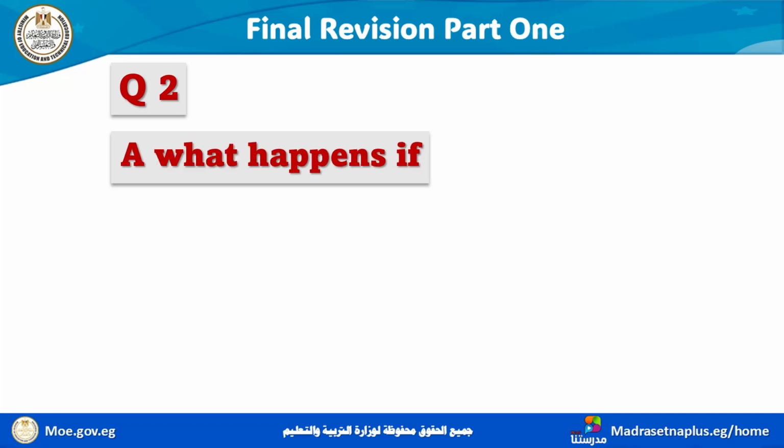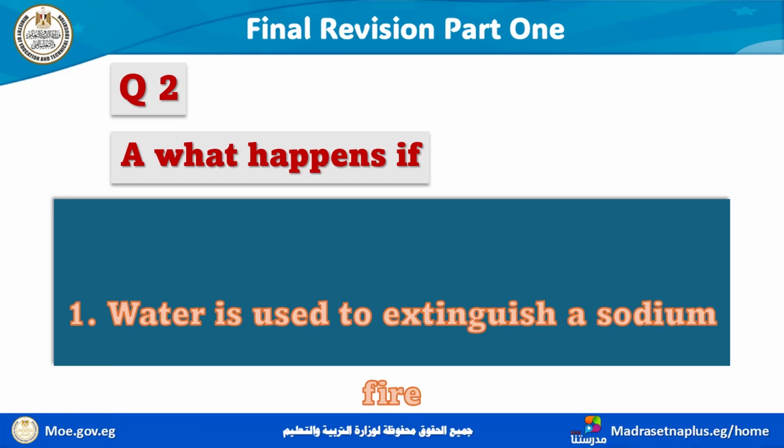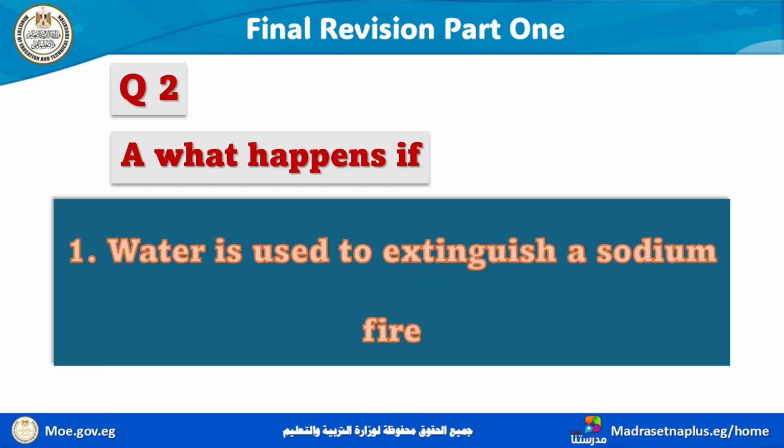What happens if? Number 1. Water is used to extinguish a sodium fire. When water is used to extinguish a sodium fire, a violent explosion will occur, making the fire more dangerous.